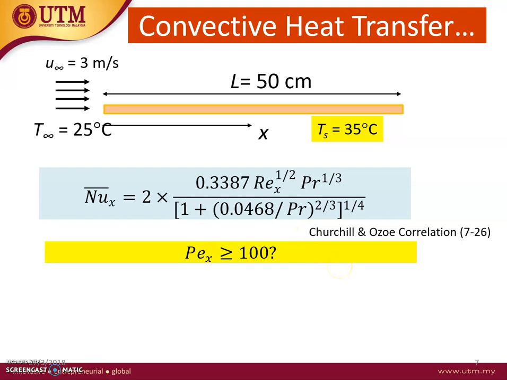In this particular example, I advise you to also get the average Nusselt number, consequently the average convective heat transfer coefficient, and then the heat transfer, and compare the results you obtain using the Churchill and Ozoe correlation with that obtained from the exact solution.